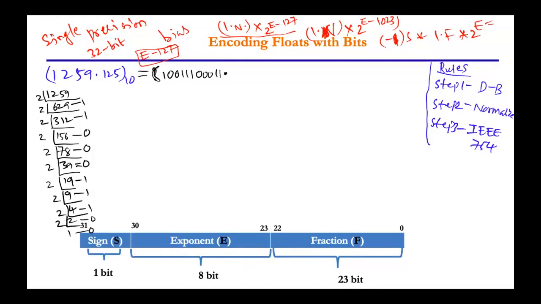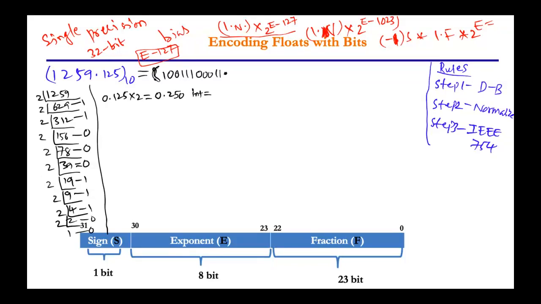So now we need to find the fractional part. For the fractional part, 0.125 multiplied by 2 gives 0.250.